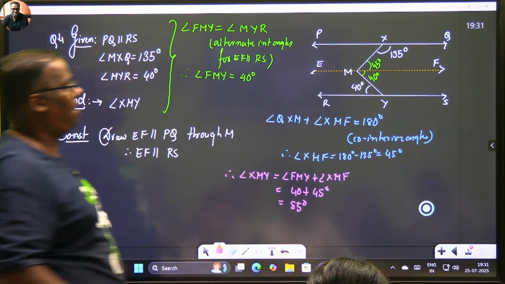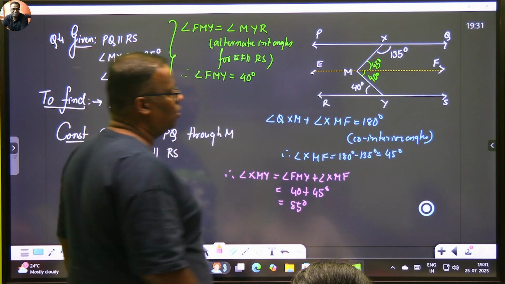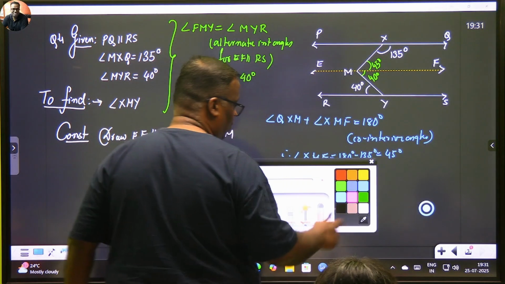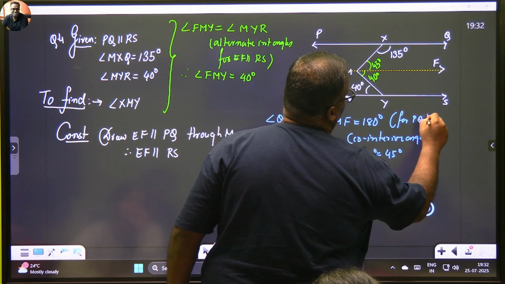This is a proper way to write. And here also we should write, this is for PQ parallel to EF.